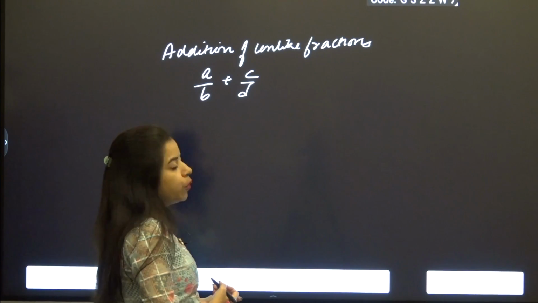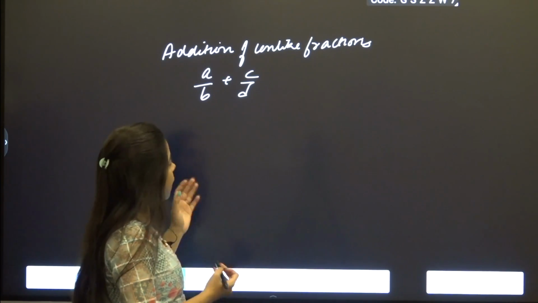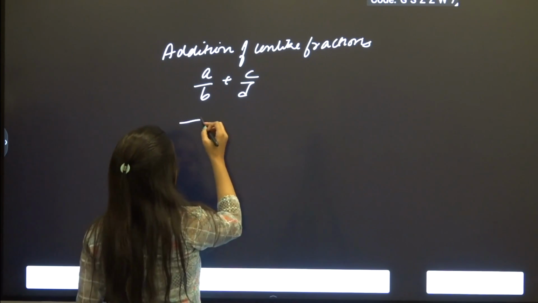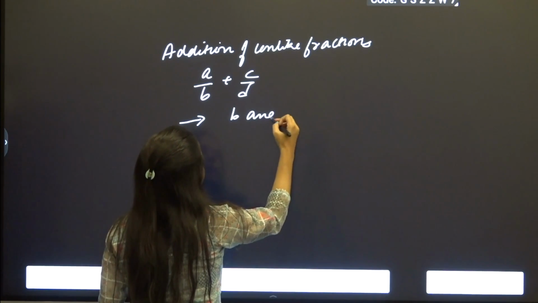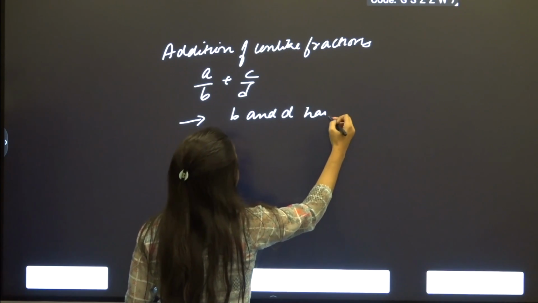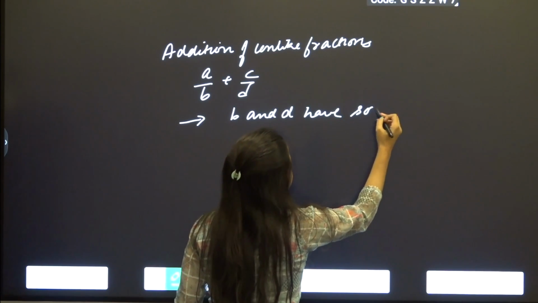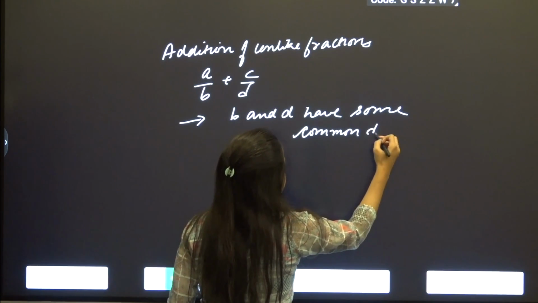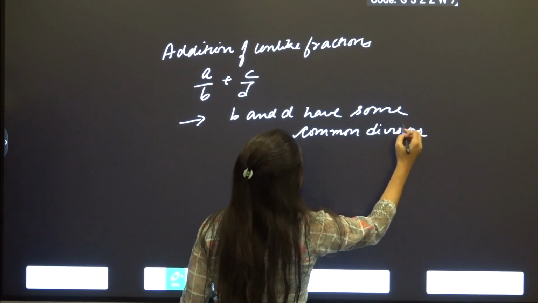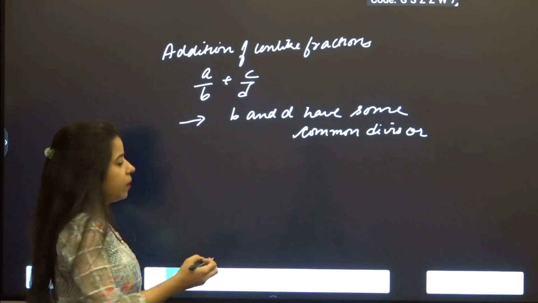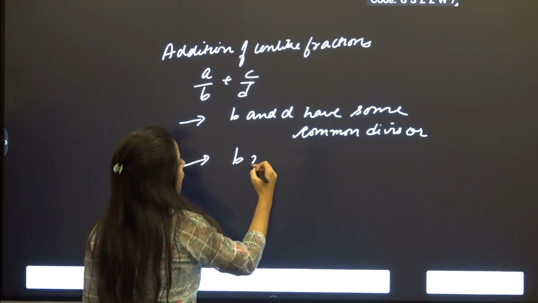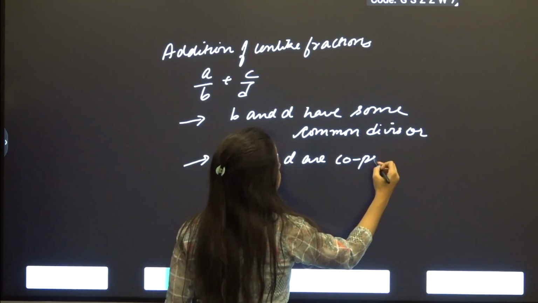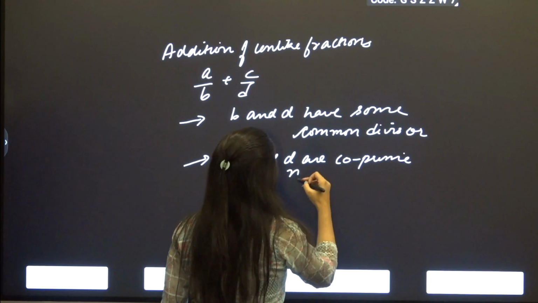Here two things come up: whether B and D have some common divisor, or B and D are co-prime numbers.